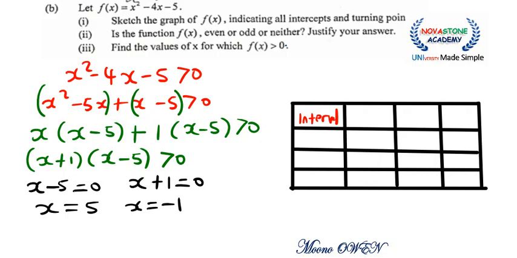Okay, so the intervals that we have, since we've got negative 1, we can move from negative infinity to negative 1, from negative 1 to 5, then from 5 to infinity. Basically those are the intervals that we're going to have because of those critical points. So from negative infinity to negative 1, that would be our first interval.